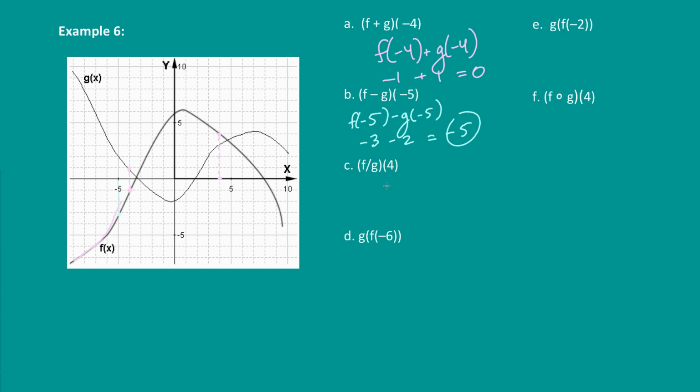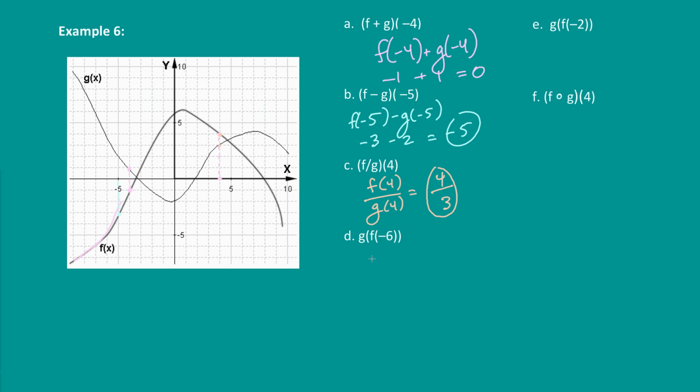That's our answer for that guy. Let's do the next one. F of 4 divided by g of 4. Well, f at 4, now that we're back to the 4s, that's going to be 4. And our g of 4 is 3. So that's your answer, already simplified as 4/3.